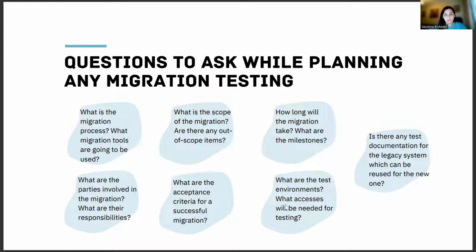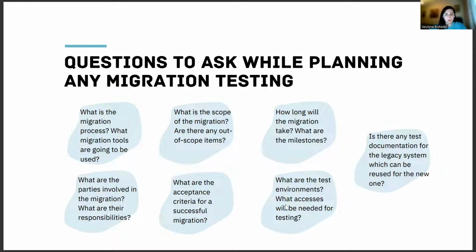Next question here that is also really important is regarding what the acceptance criteria are for a successful migration, right? So without some clear checklist of items, it will be pretty hard to understand at what point we can consider our migration complete, when we can consider our migration successful, and the same applies to the testing effort, right?